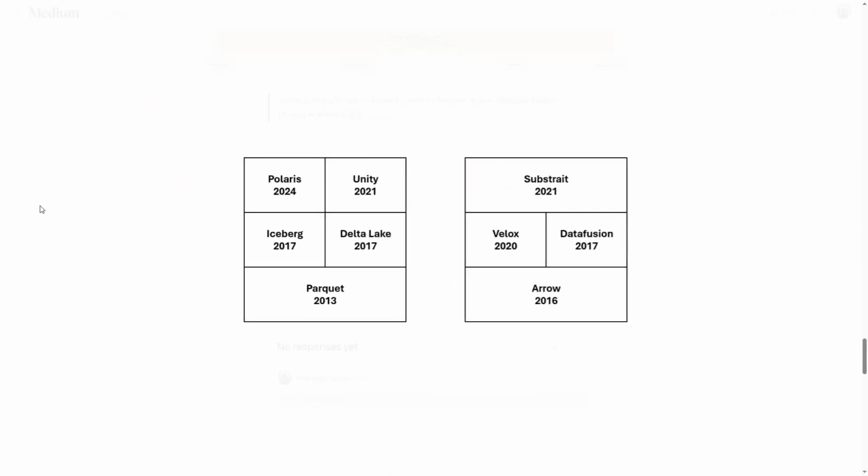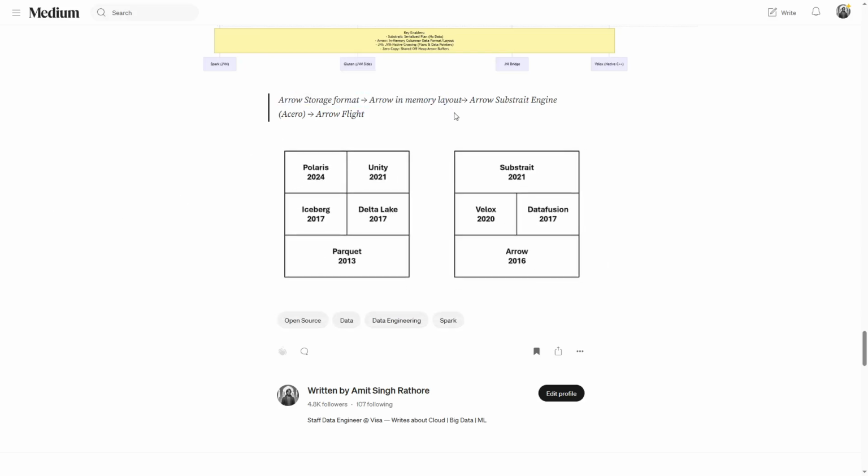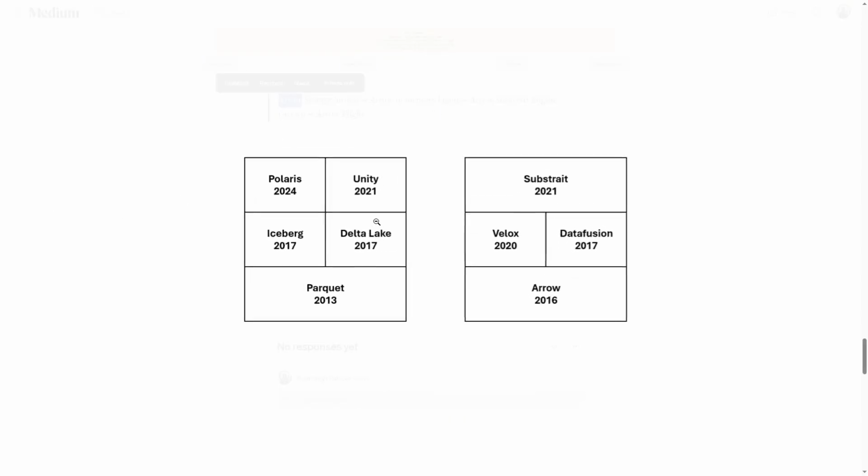And if we see this stack part, if we see the growth as well, Parquet made the whole system, like we have two different open table formats running on this Parquet format, Iceberg and Delta Lake. We have two different catalogs like Polaris and Unity. In the same way, something similar is happening in this composable data stack.